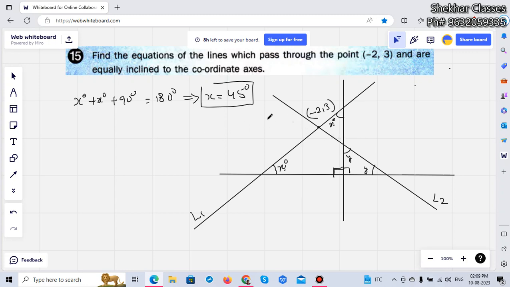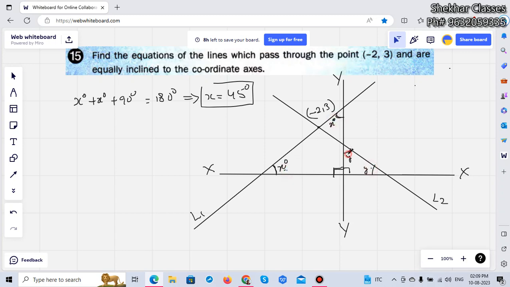So remember, we need to understand what they're actually saying. They're saying equally inclined to the coordinate axes, which means it is equally inclined to the x-axis and y-axis together. If this angle is x, this also has to be x, and that is possible only when this is 45, this is 45, this is also 45.